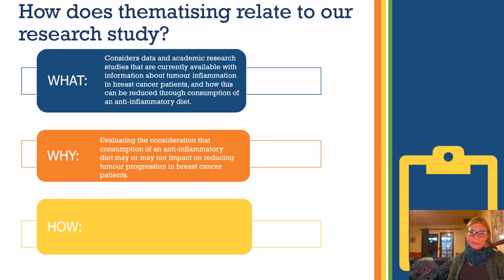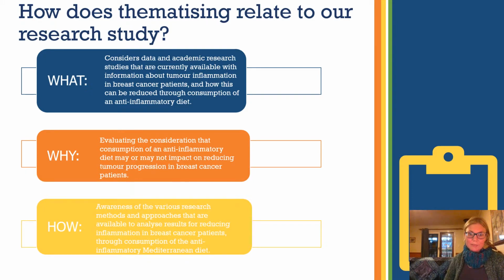It involves evaluating whether the consumption of an anti-inflammatory diet may or may not impact the reduction of tumour progression for patients, and awareness of the various research methods and approaches to analyse the results for reducing inflammation in breast cancer through the consumption of the anti-inflammatory Mediterranean diet.